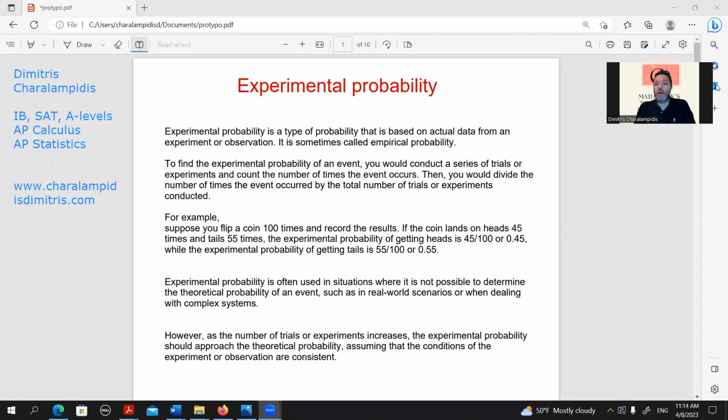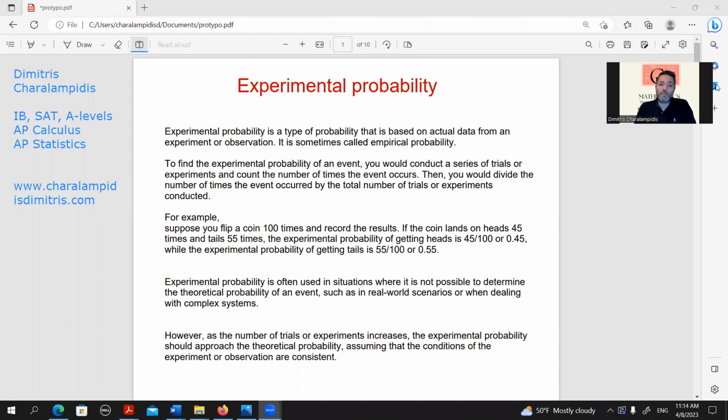To begin with, allow me to shortly give you a definition. The experimental probability is basically a type of probability that is based on actual data from an experiment or observation. It is often sometimes called empirical probability as well.